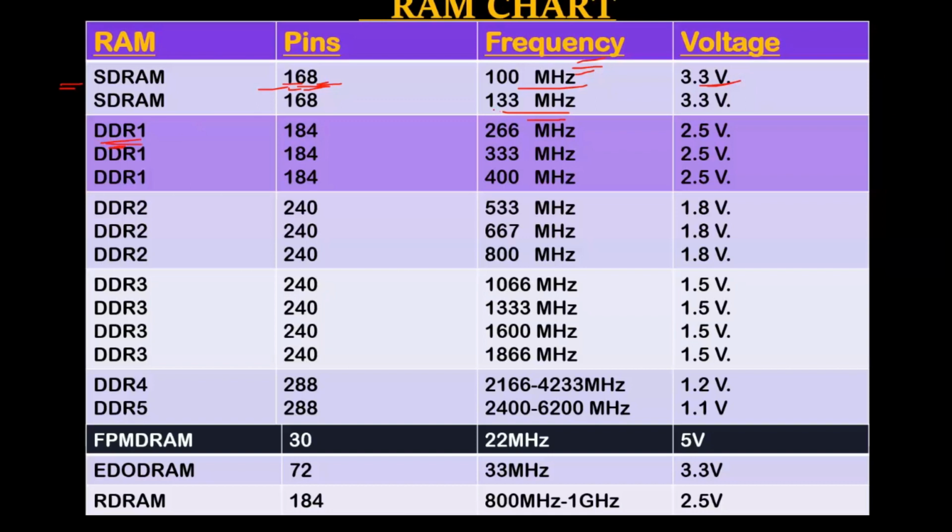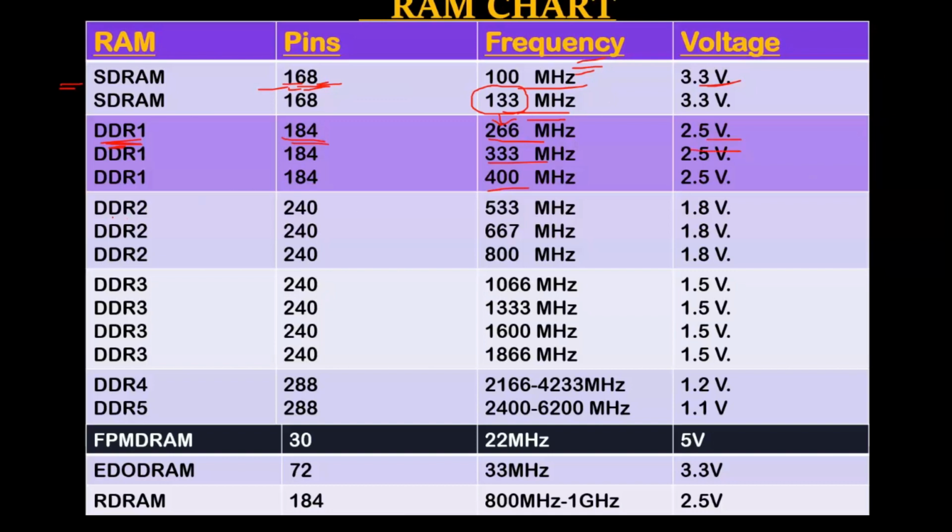Because they directly double the frequency. Why? Because you will see here 133 to 266, double frequency. So that's why they give that name to this RAM, DDR, dual data rate. And for that we have three variants available: 266, 333, and 400 megahertz. And the pins available there 184 and voltage 2.5 volt.